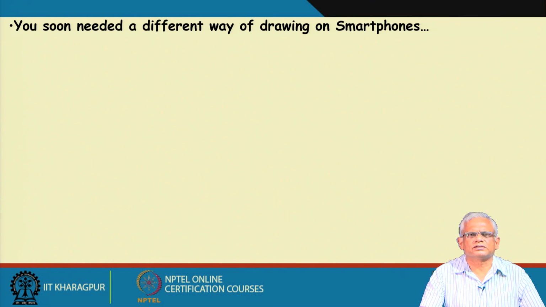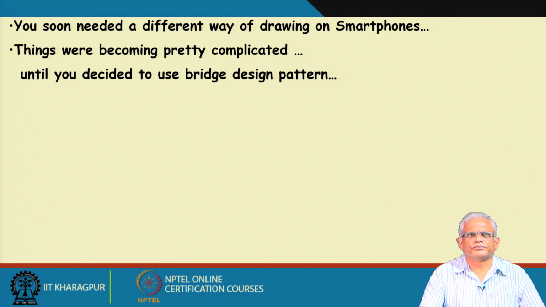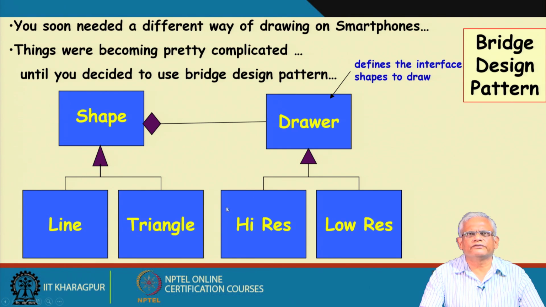Things were still working, but then we wanted to support smartphones. In the smartphone, we had a slightly different resolution requirement and we had to again split the classes. But then the design had become extremely complicated. We had to redo the design and we used the bridge pattern. In the bridge pattern, one is the abstraction side, the shapes are line, triangle, and so on.